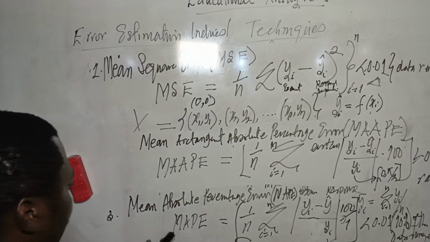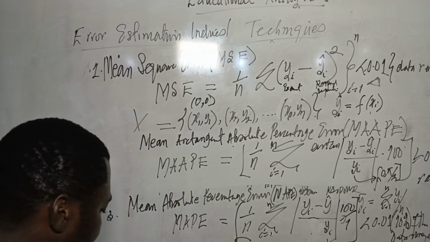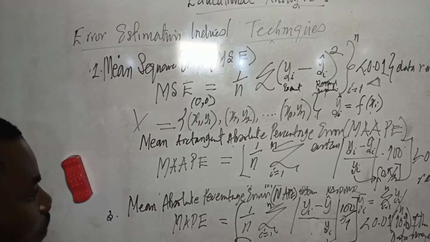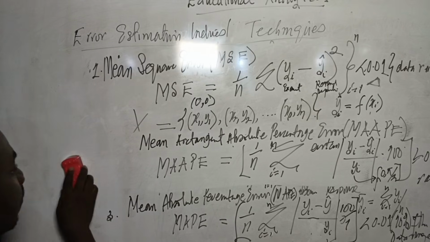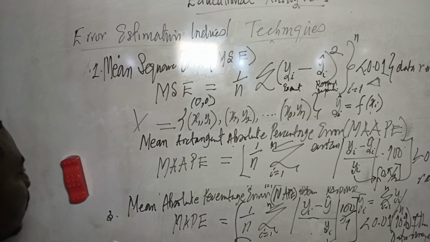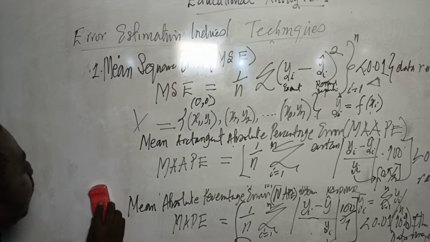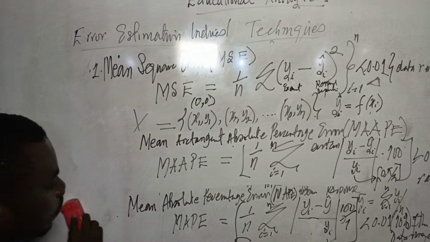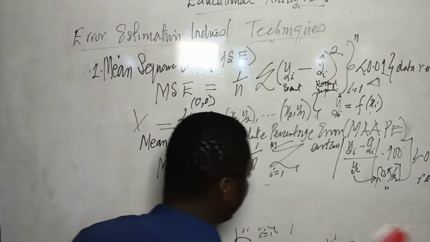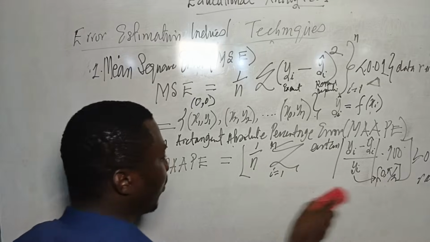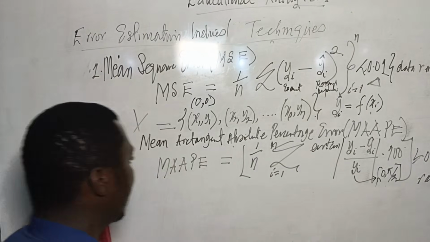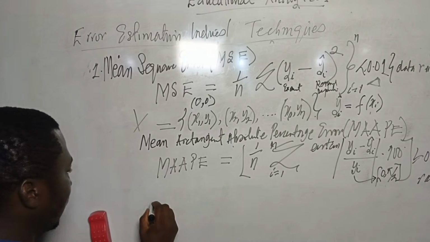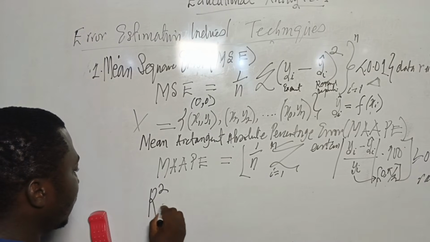Okay, so the next one that we should consider is basically used for regression models. This is the fifth one, which is called the coefficient of determination. You call it R squared.